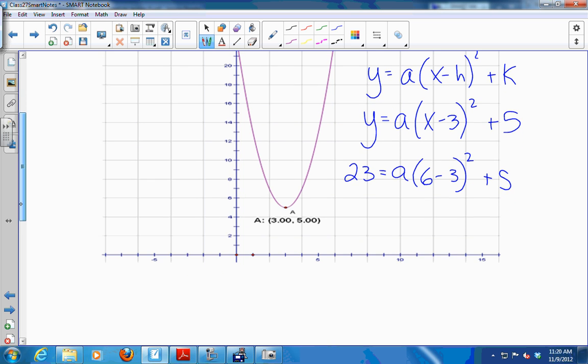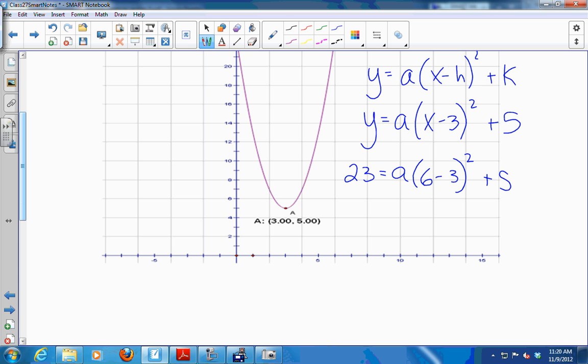Now I just want to solve for a. So 6 minus 3 is 3, squared is 9. So I have 9a plus 5 equals 23. Subtract 5 from both sides, divide both sides by 9, and I get a equals 2.